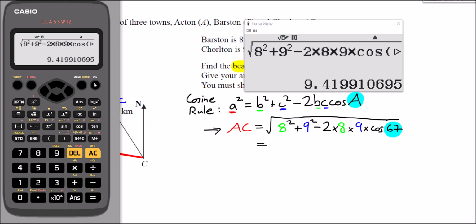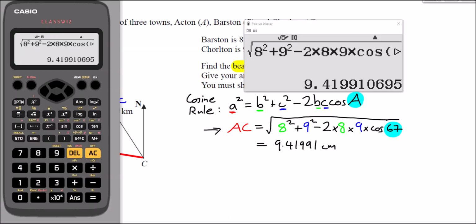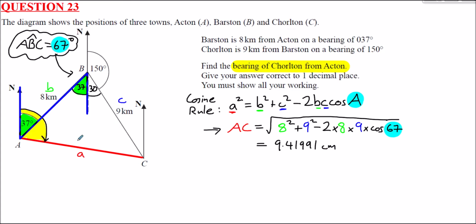And give it to more decimal places than we need. So I'm going to give this to 5 decimal places, 9.41991. I'll just double check to make sure I've got that written down correctly. Yes, I have. Now we know that A is this, we can now use the sine rule.